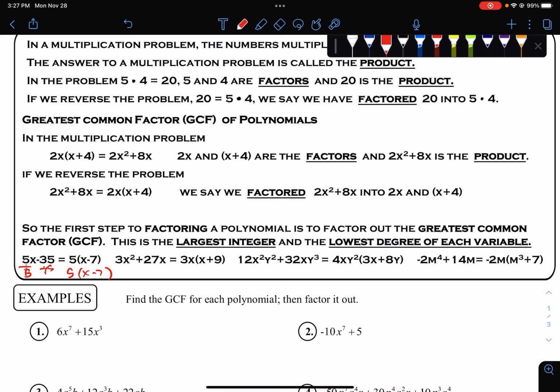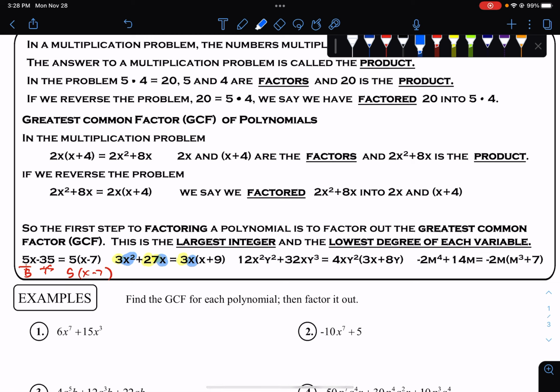3x squared plus 27x. When I look at the 3 and the 27, I know that a 3 goes into both of those. And when I look at the x squared and the x, there's only one x in one of them. So I'm only going to be able to take out, whoa, what just happened? That was kind of cool. I'm only going to be able to take out one x.